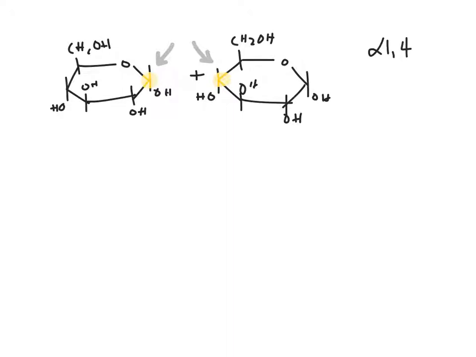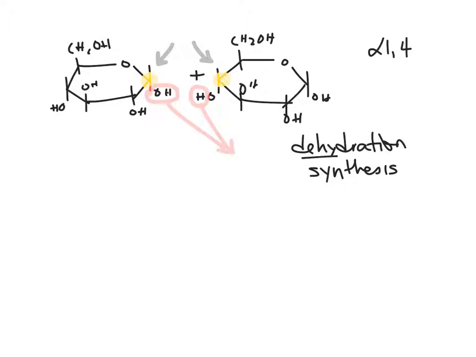And when you link it, it's through dehydration synthesis. So dehydration synthesis, if you remember that, is when we take water, we dehydrate, we make water, and we join together. And so what we're going to do is we're going to take this OH and this H, and we're going to make water out of it.